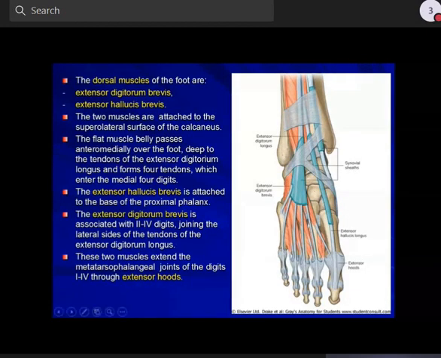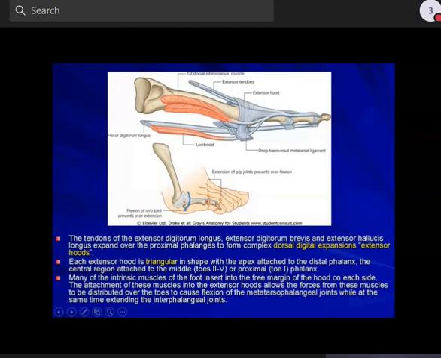Their tendons join adjacent long tendons. So tendon of extensor hallucis brevis joins tendon of extensor hallucis longus. Tendons of extensor digitorum brevis join tendons of extensor digitorum longus.